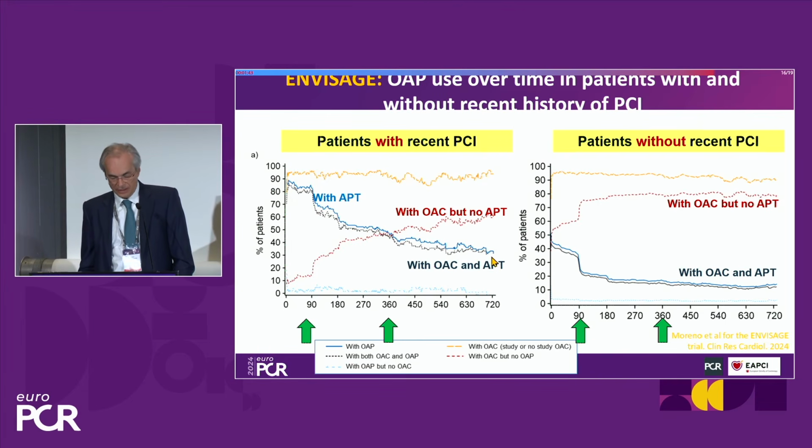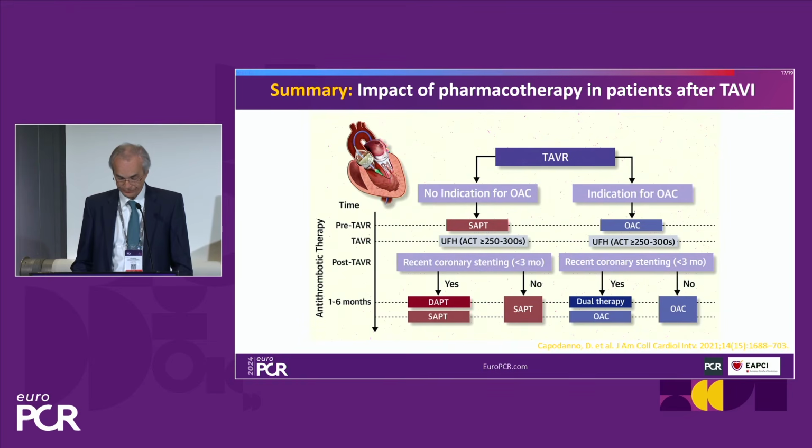But still, after 3 years, there are patients who have anticoagulation and antiplatelet therapy in these elderly groups. That's really something, about 30%. And if you look at those patients who do not have a recent PCI, you still have patients with anticoagulation and antiplatelet therapy. So that's remarkable.